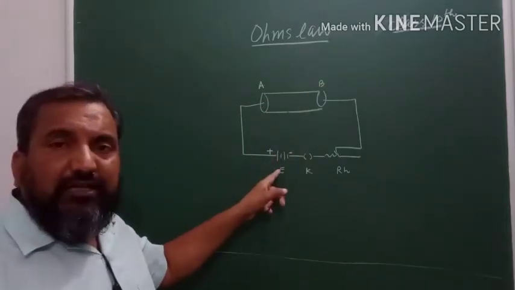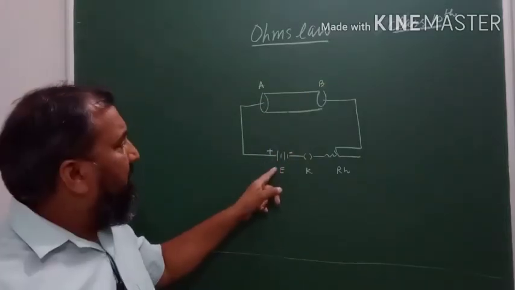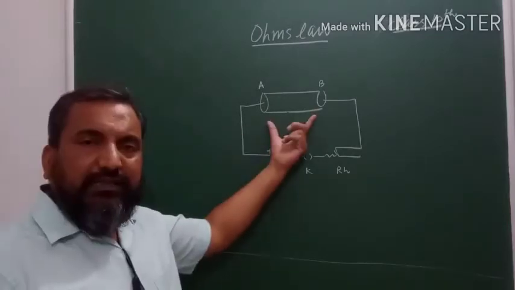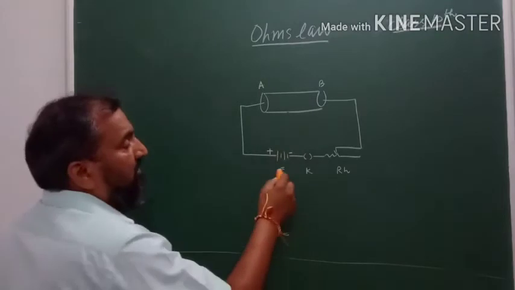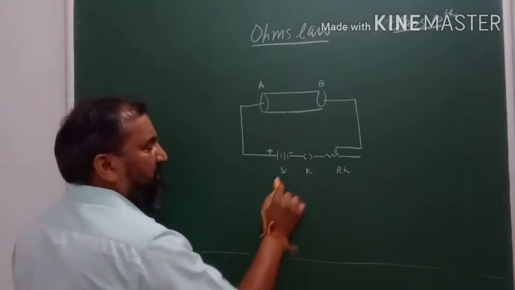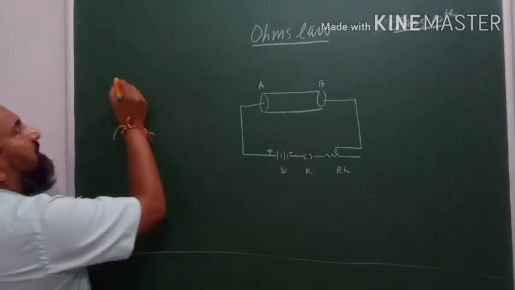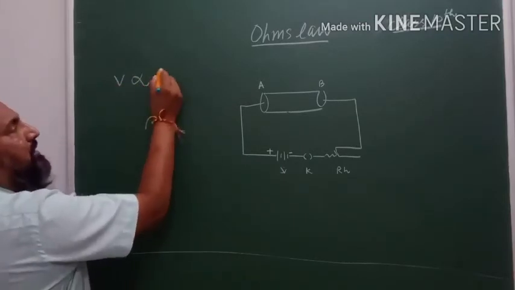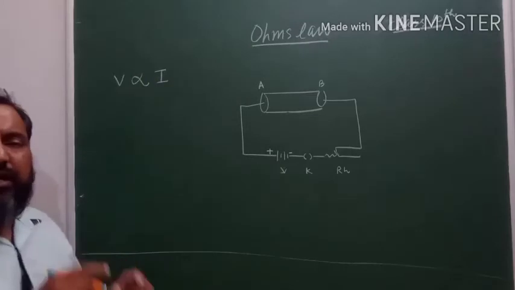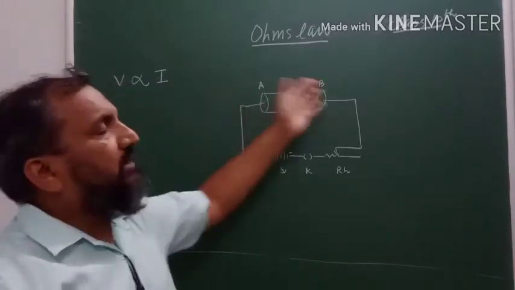When we connect a potential V across the conductor in a closed circuit, this potential is directly proportional to the current flowing through the circuit.